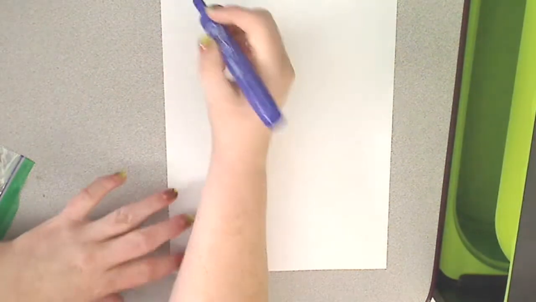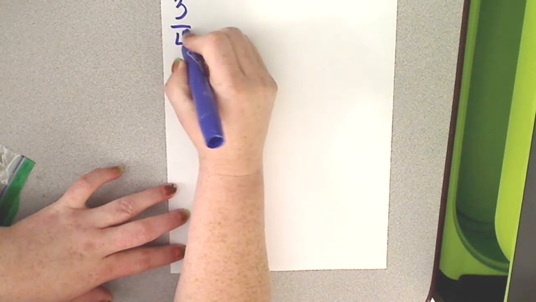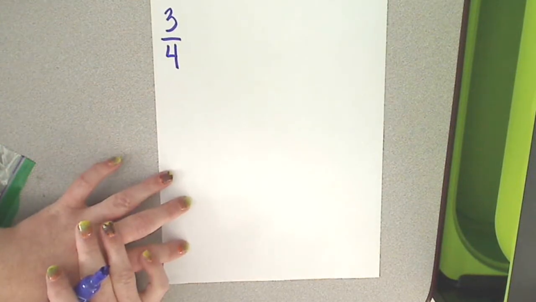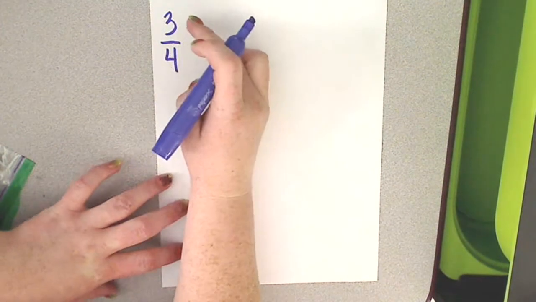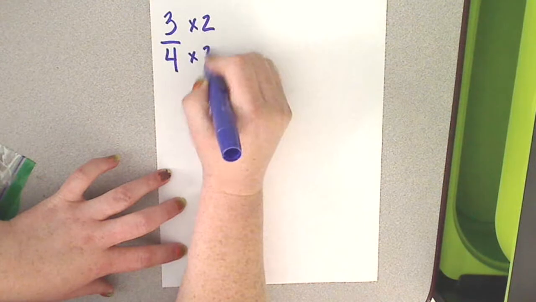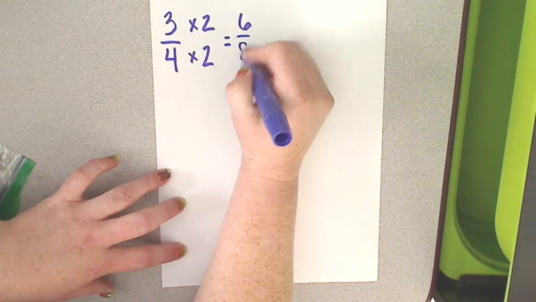All right, now let's take a look at three-fourths. Now I can use any multiplication to create equivalent fractions. I can multiply 3 times 2 and 4 times 2, which would give us a fraction of 6/8.